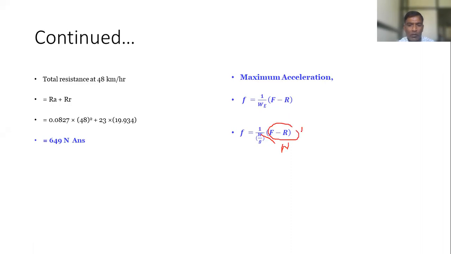This bracket outcome will be in Newton. This N gets cancelled, and this G is meter per second square. That is the acceleration. In this way also you can calculate. Okay. Next line, just by putting the values. Calculate.